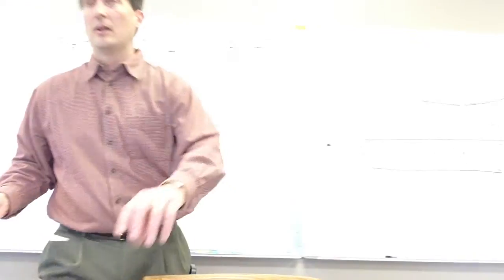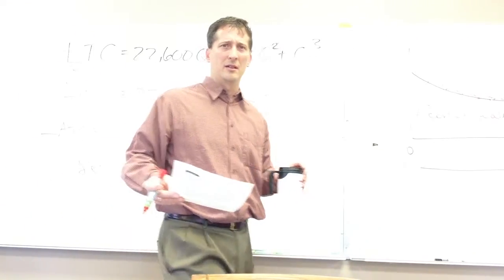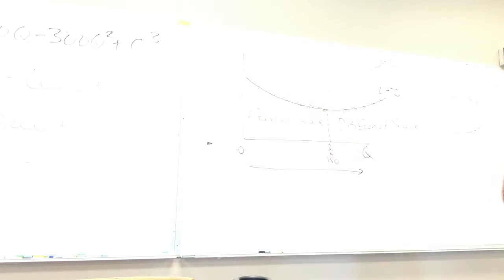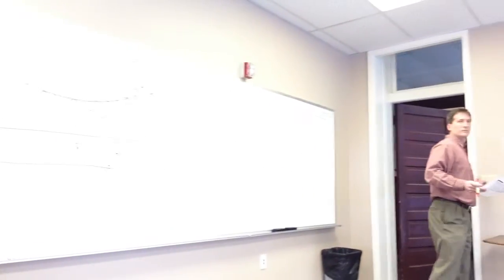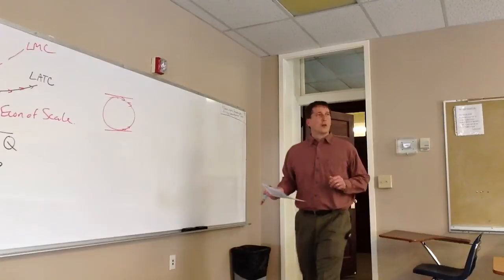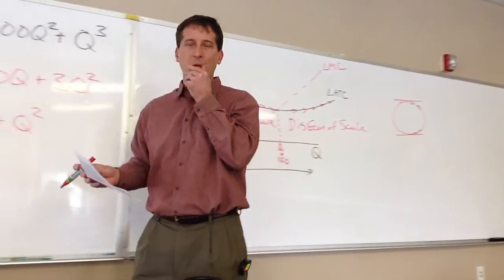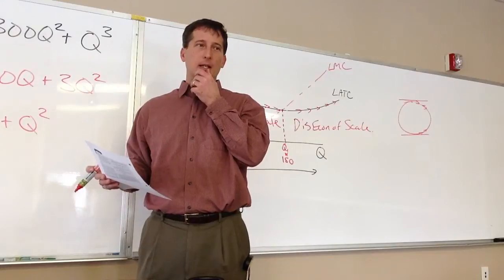Yes? If they were asking you, like it says, at what levels of output will the firm face economies of scale, would you include 150 in that, or is it all the values less than 150? Actually, say that again.